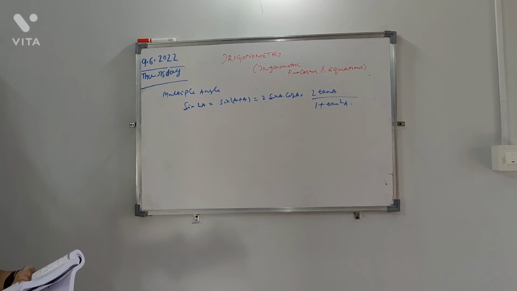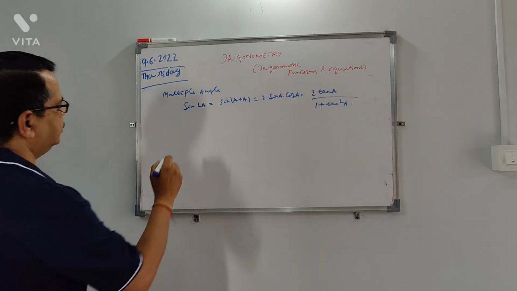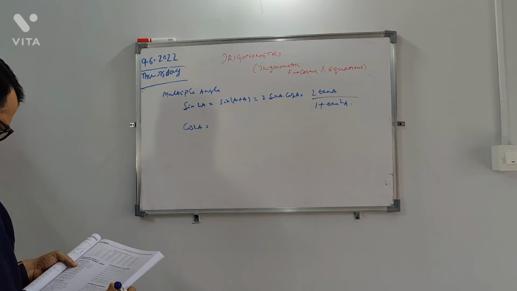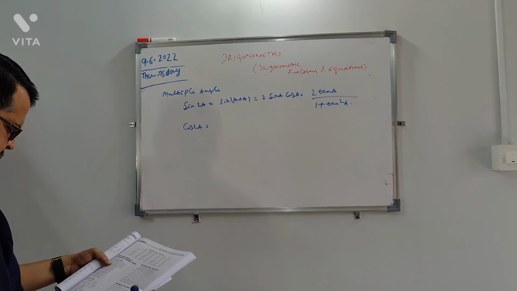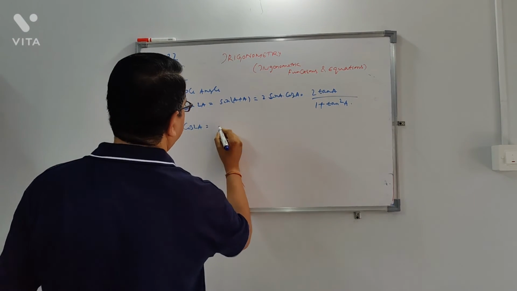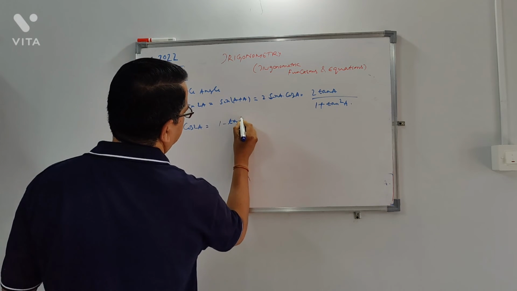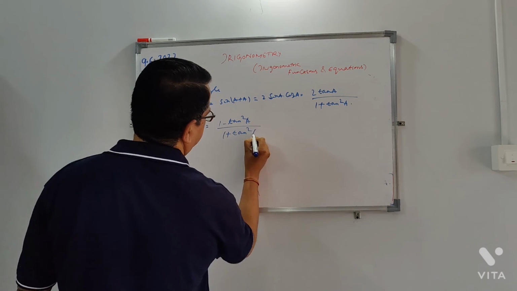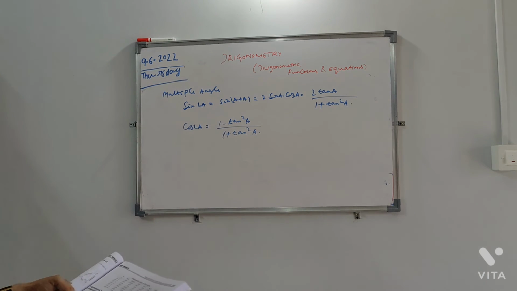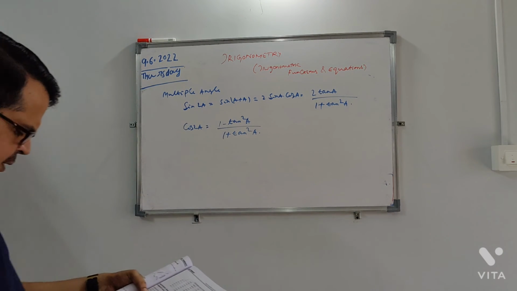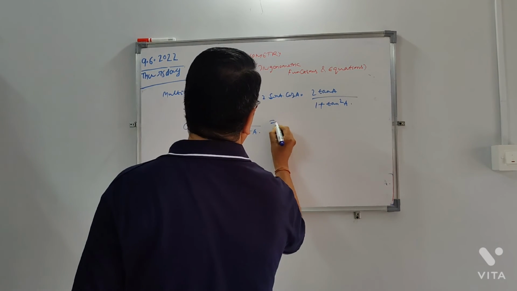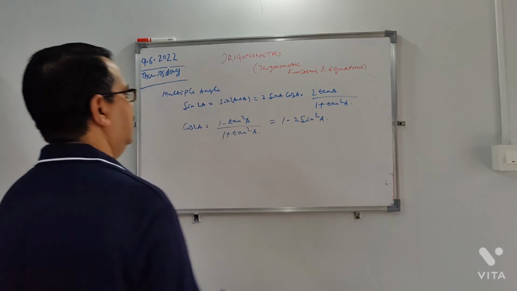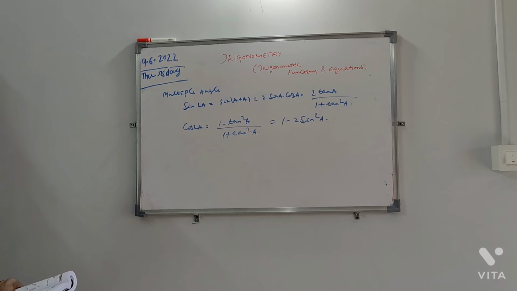And then cos 2A in terms of tan is equal to 1 minus tan square A divided by 1 plus tan square A. Then you can write it as 1 minus 2 sin square A if you want it in terms of sin, or 2 cos square A minus 1.